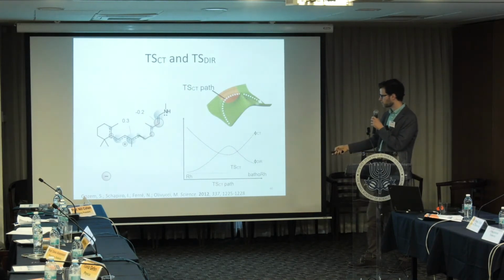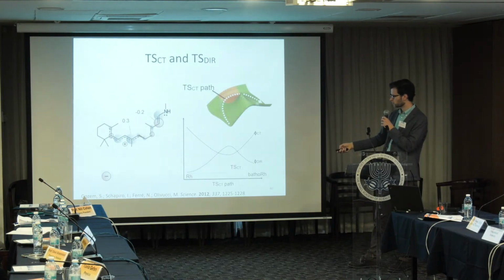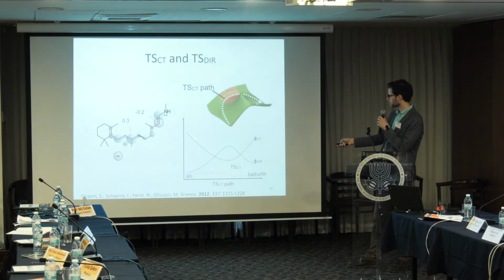Now we simulate, for example, a mutant which has a negative charge. This one is going to stabilize the charge transfer state, as you saw, more than the ground state. And this will at the same time decrease the excitation energy as well as the transition state.